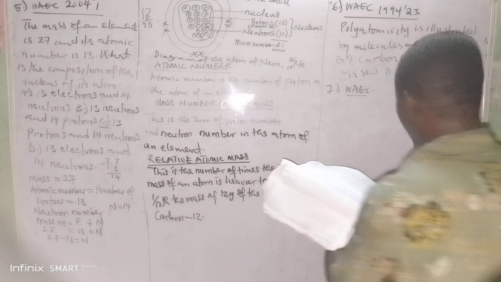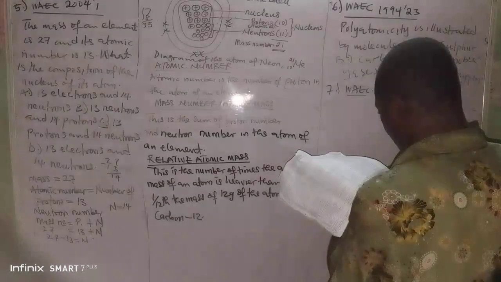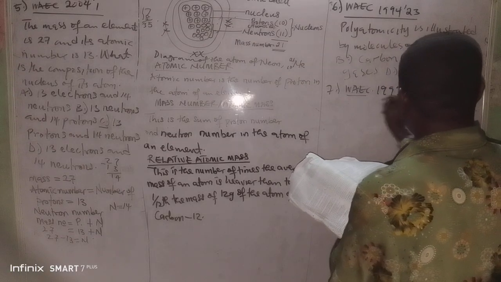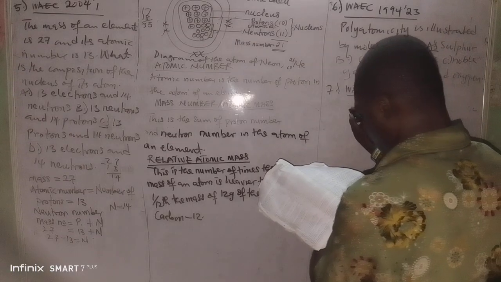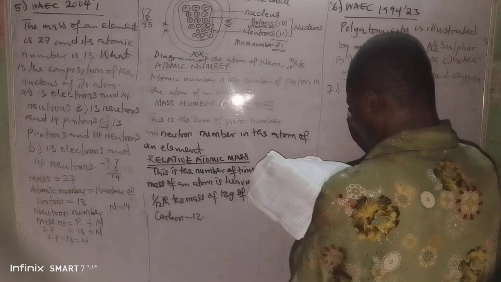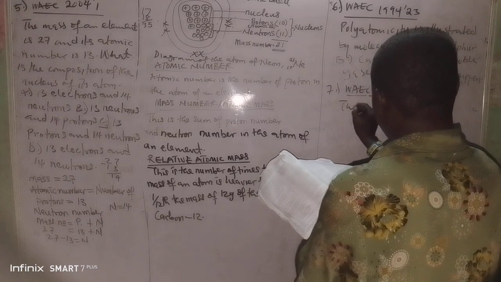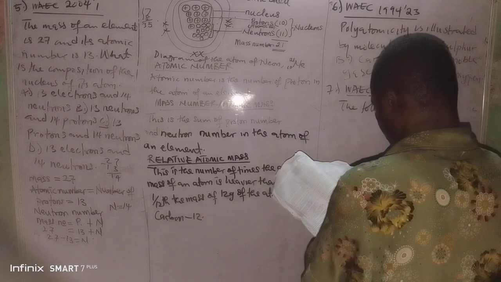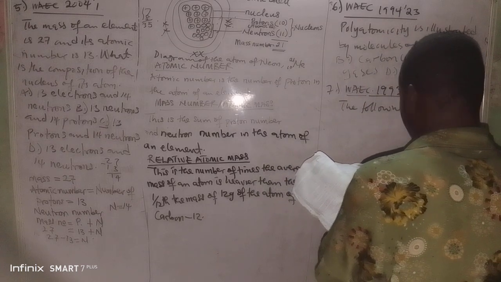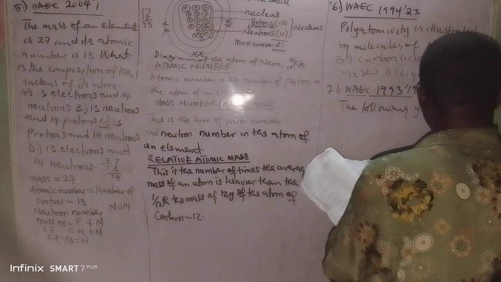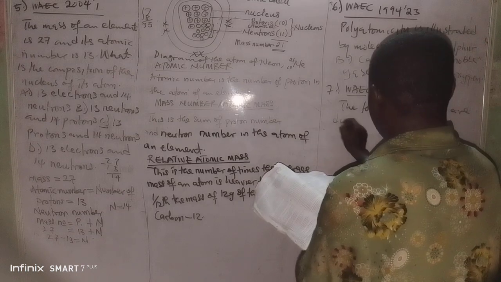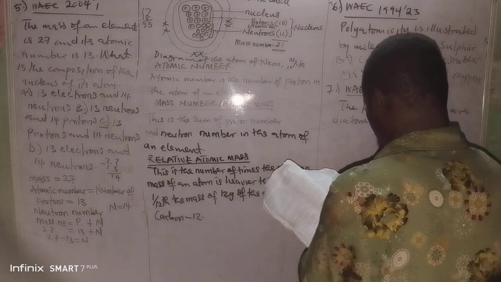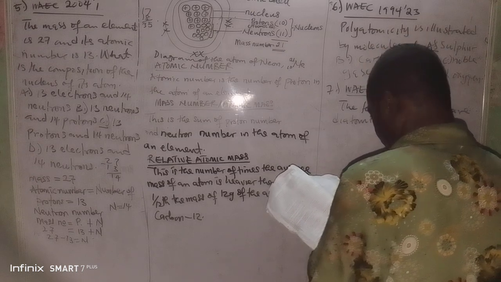This is WAEC 1993, question 19. It says the following gases are diatomic except which one?